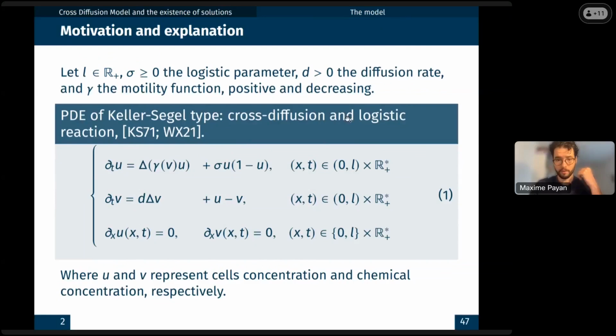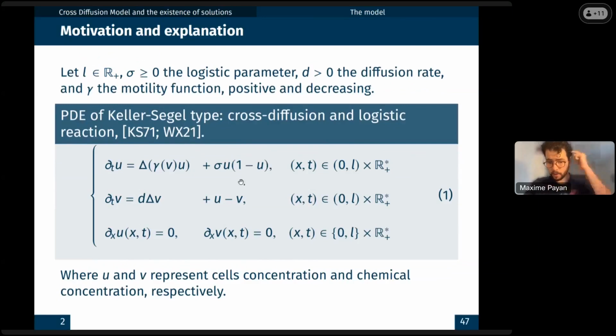So the first part, the model. This is a partial differential equation of the Keller-Segel type, with a cross diffusion and a logistic growth. We have L, the length of the domain in 1D. Sigma, a positive parameter, is the logistic parameter.